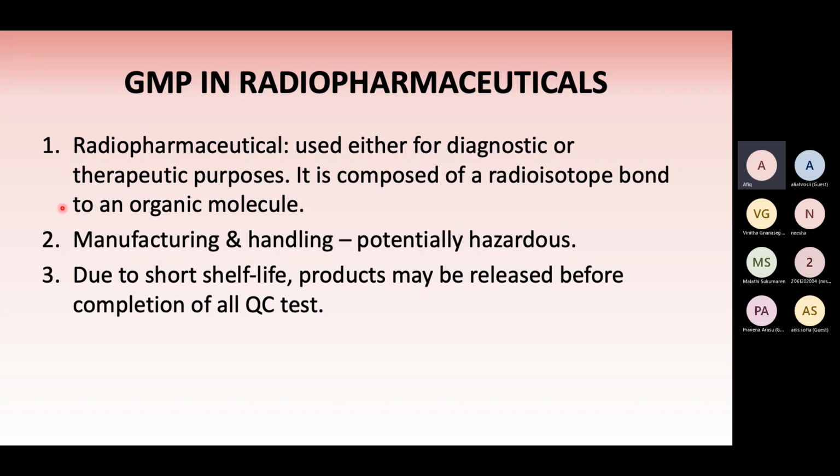This is the definition: it is used either for diagnostic or therapeutic purposes, composed of a radioisotope bound to an organic molecule. So diagnostic is like they act as a dye, or like a coloring agent. A patient has to consume it and maybe undergo a CT scan, for example, or a PET scan.